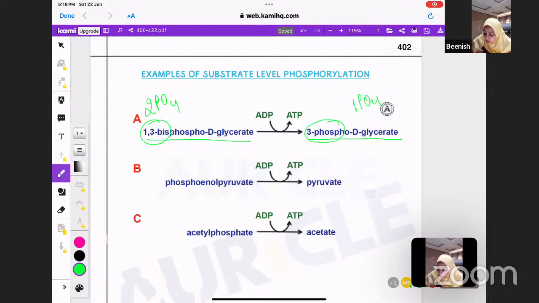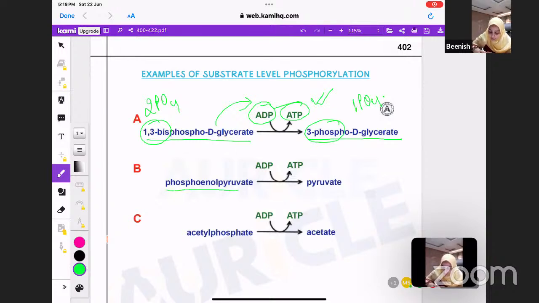So where is one phosphate going? From this substrate, one phosphate is being transferred to ADP and ADP changes into ATP. So you see phosphorylation has taken place and this is substrate level phosphorylation because you're getting ATP at the level of the substrate and there is no involvement of the electron transport chain here.